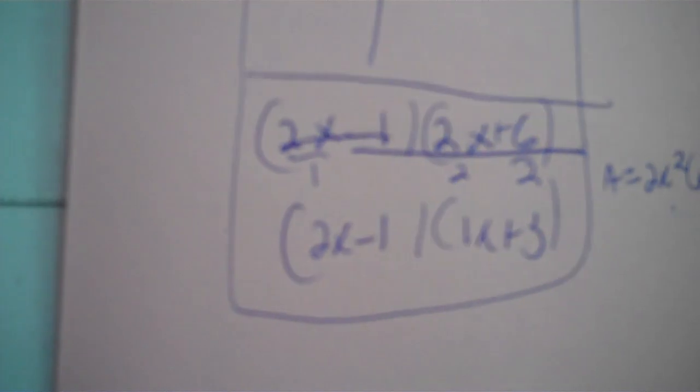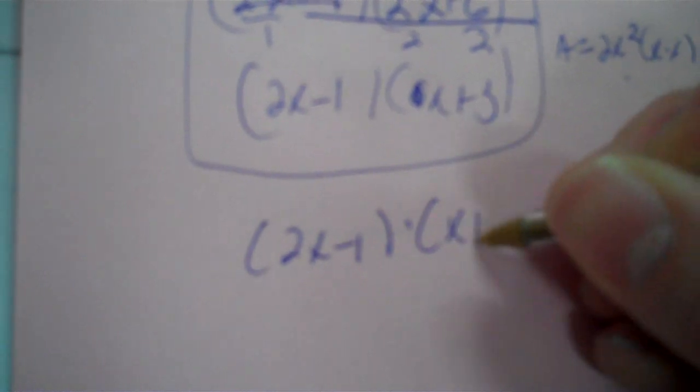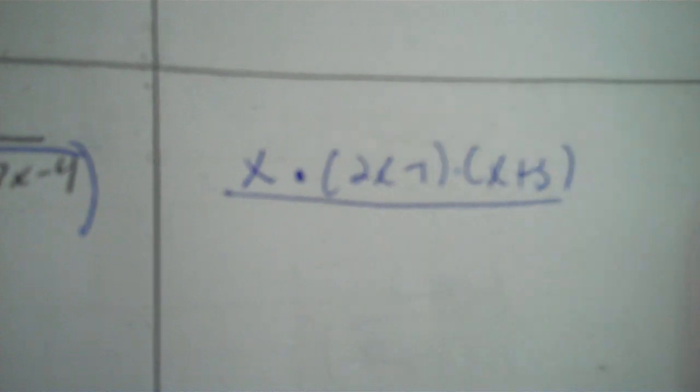Because at the end of a factoring process, the numbers in front of the x, 2 times 1, should be the x second. Okay? You take that 1 off, and it becomes just x plus 3. So I replace this guy on top. It has to be on top. 2x minus 1 times x plus 3.